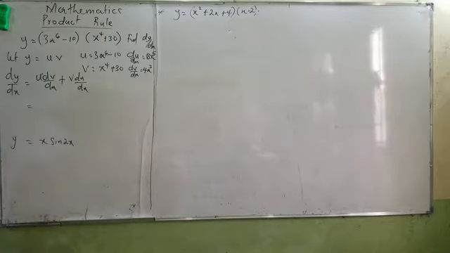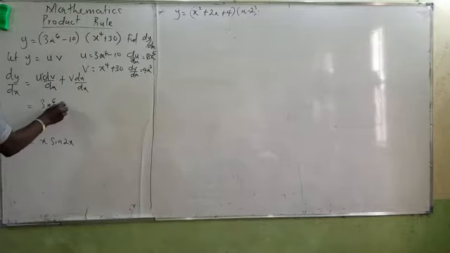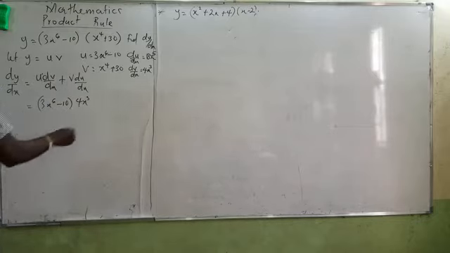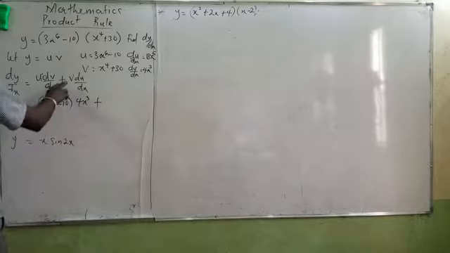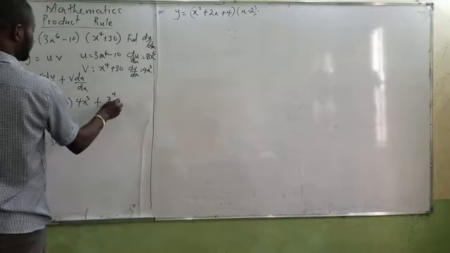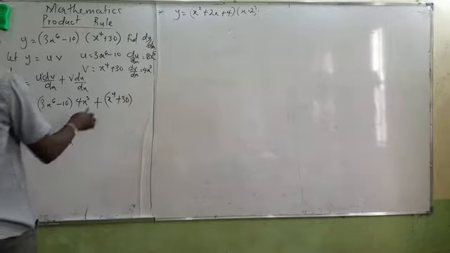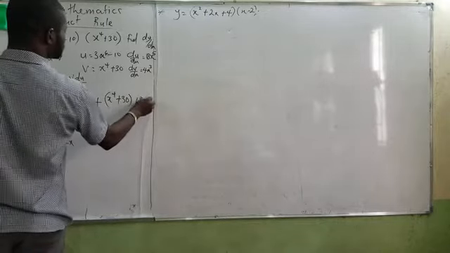What is my u? My u is 3x raised to power 6 minus 10, and my dv is 4x raised to power 3, plus my v, which is x raised to power 4 plus 30, and my du is 18x raised to power 5.